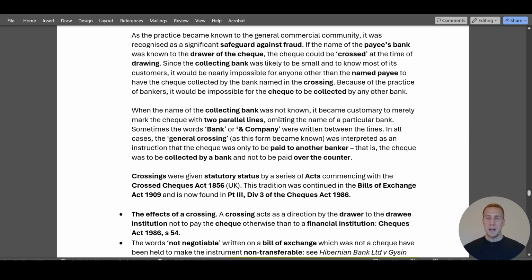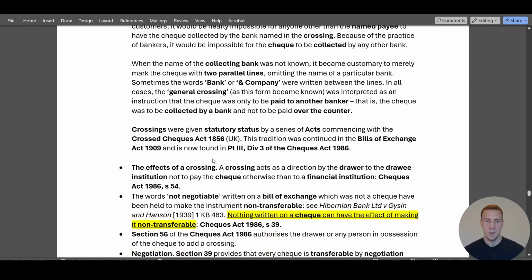So when the name of the collecting bank was not known, it became customary to merely mark the cheque with two parallel lines, omitting the name of a particular bank. Sometimes the words "bank" or "and company" were written between the lines. In all cases, the general crossing, as this form became known, was interpreted as an instruction that the cheque was only to be paid to another banker. That is, the cheque was to be collected by a bank and not to be paid over the counter.